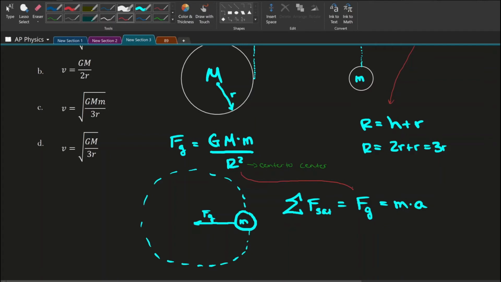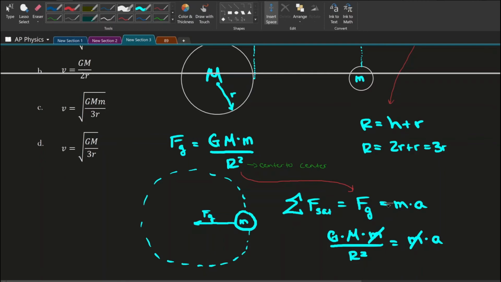So we will say that G times the mass of the Earth times the mass of the satellite divided by R squared equals the mass of the satellite times the acceleration. So our masses cancel, and we're looking at this equation thinking, okay, we're getting closer, but we don't have velocity anywhere in here, and they're asking us for velocity. But they did tell us a key in the question earlier.